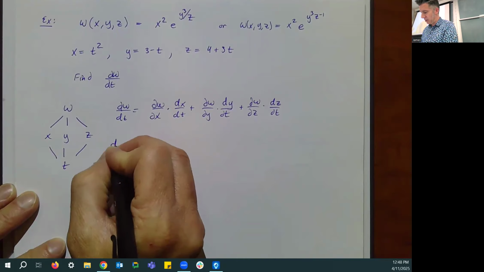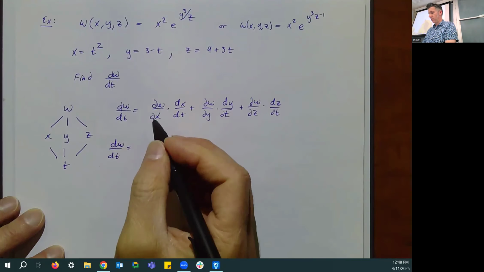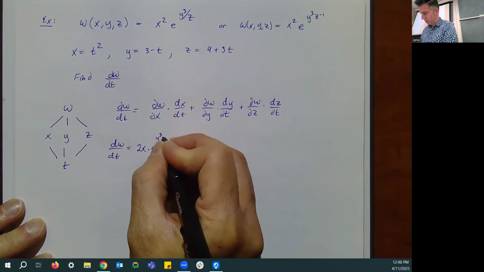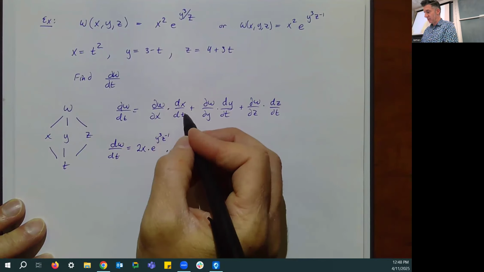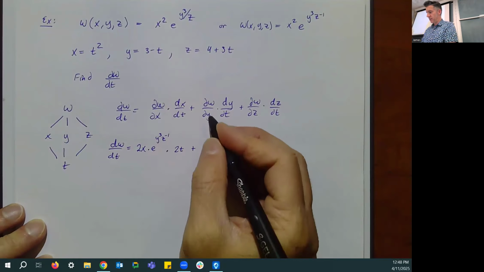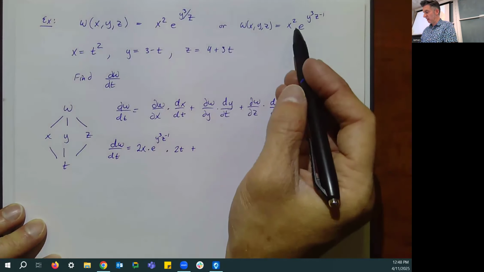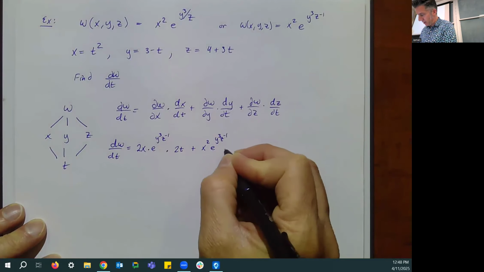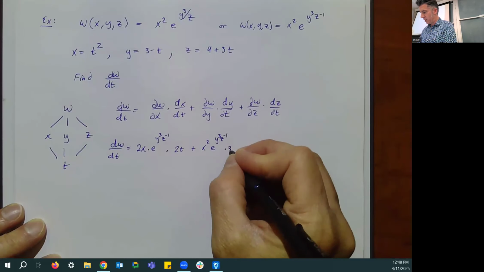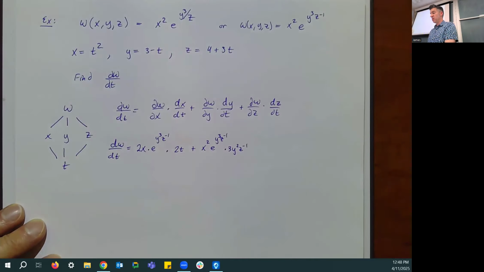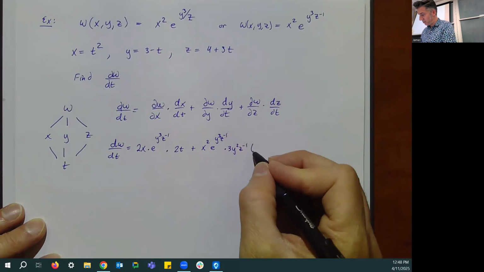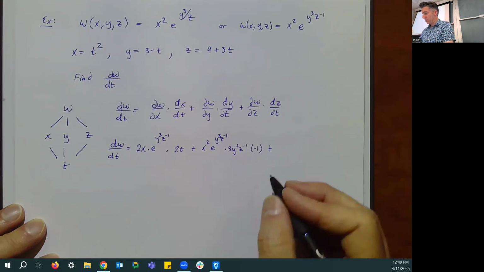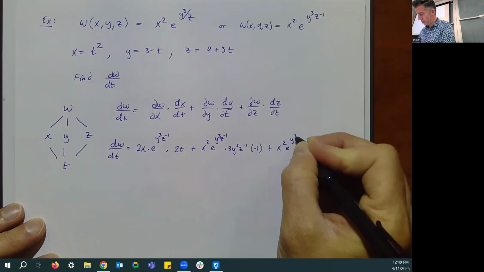So let's see. dw dt is going to equal del w del x, which is 2x times e to the y cubed times z to the -1, times dx dt, which is 2t, plus del w del y, which is x squared e to the y cubed z to the -1 times the derivative of y cubed z to the -1, which is 3y squared z to the -1, times dy dt, which is -1, plus del w del z, which is again x squared e to the y cubed z to the -1.